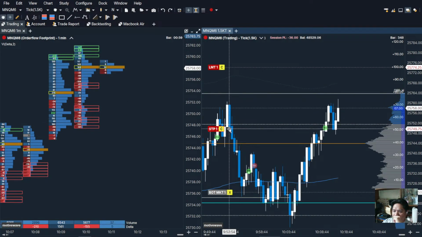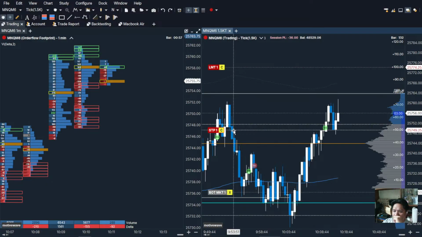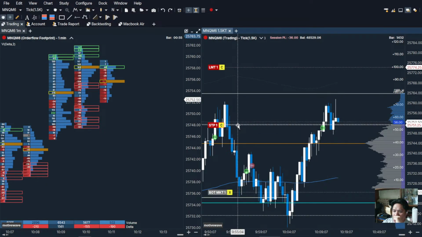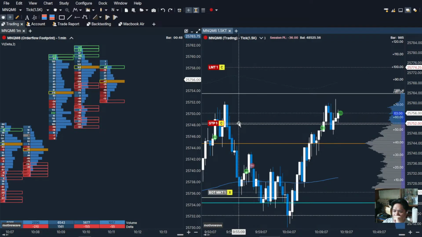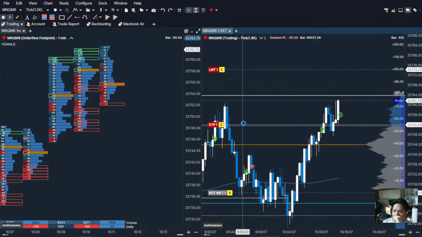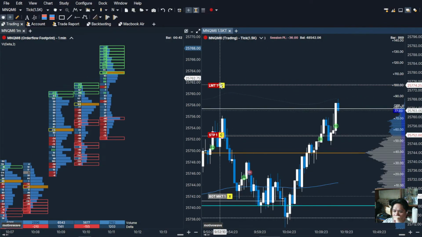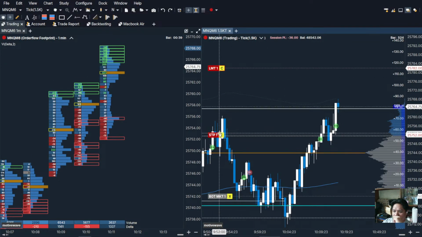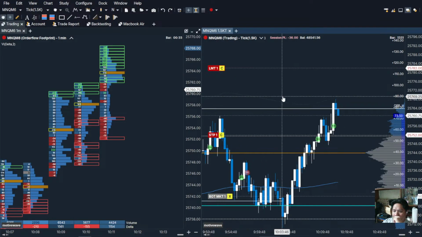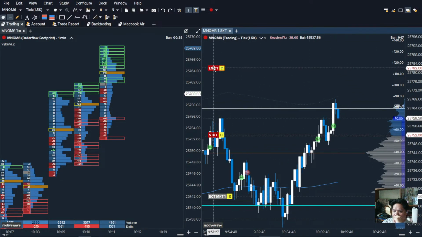And push up. Can we push up? Buyers will try to step in. They can, then they will. Can we continue? Can we pull up to 100?